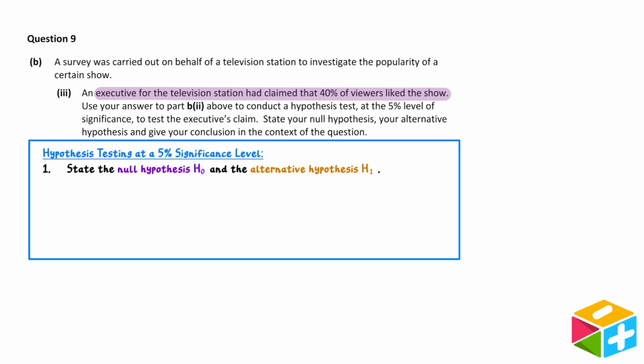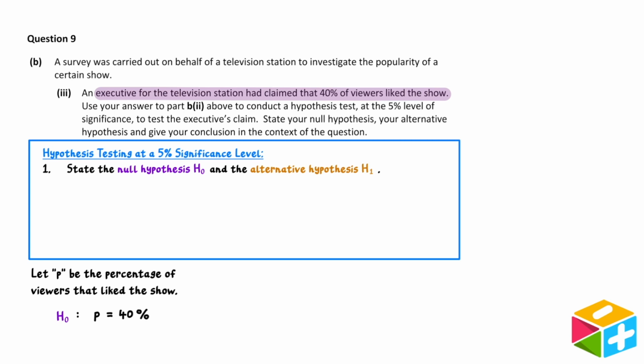Usually, the null hypothesis will involve equality and will correspond to whatever claim is being made. If we let P represent the percentage of the viewers that like the show, the executive is claiming that P is equal to 40%. This will be our null hypothesis, H0.